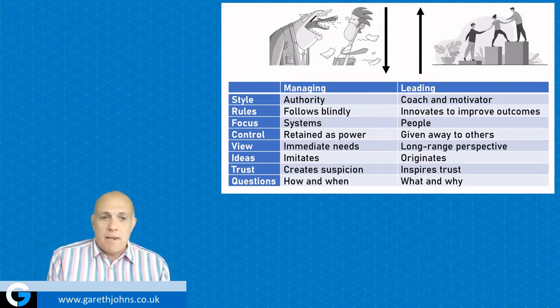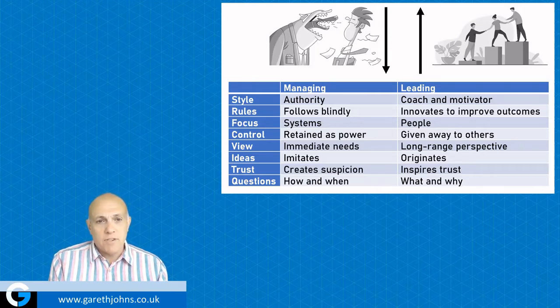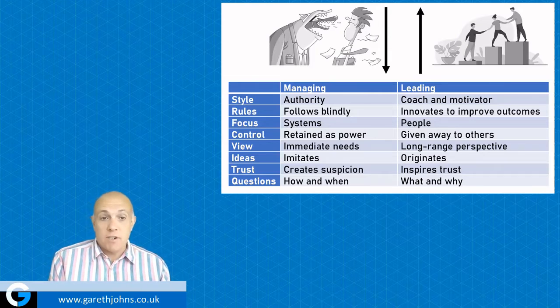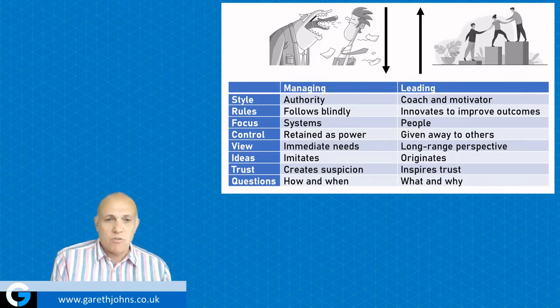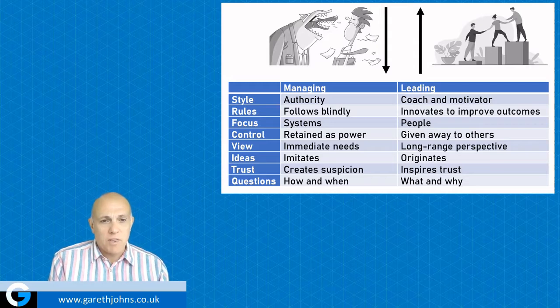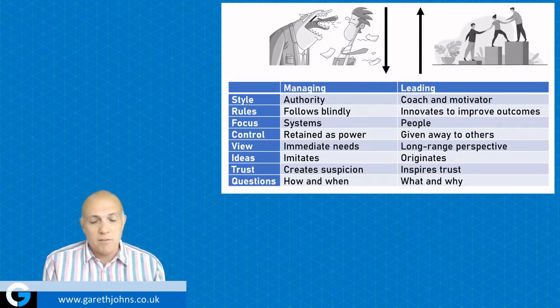As we move from managing to leading, we have to stop thinking top down. We have to stop thinking about shouting at the people who report to us, and more about how we support them to be able to drive them up. So we're thinking from the bottom of the organisation up rather than the top down.